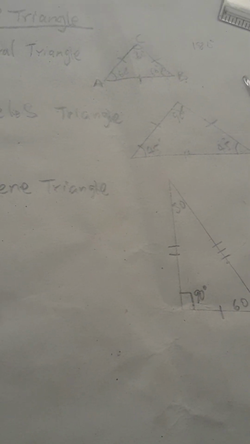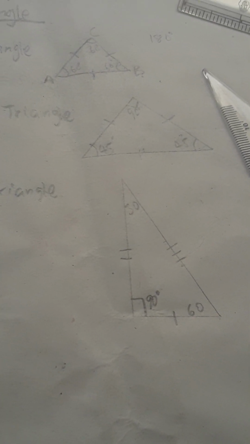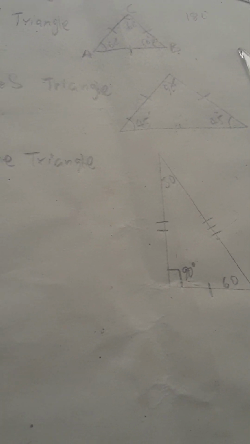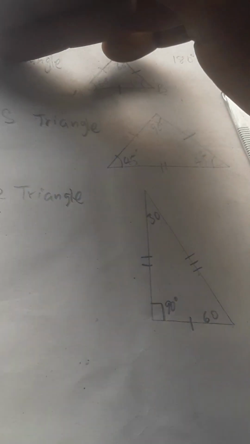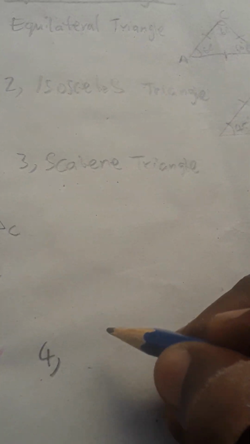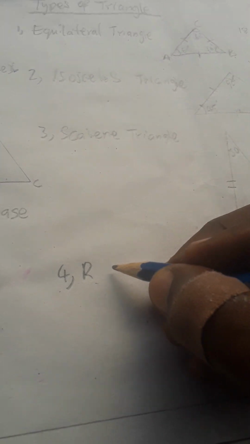Not only that, we also have other triangles. Somebody may think that we only have the equilateral triangle, isosceles triangle, and Scalene. We also have another triangle we call the right angle triangle.